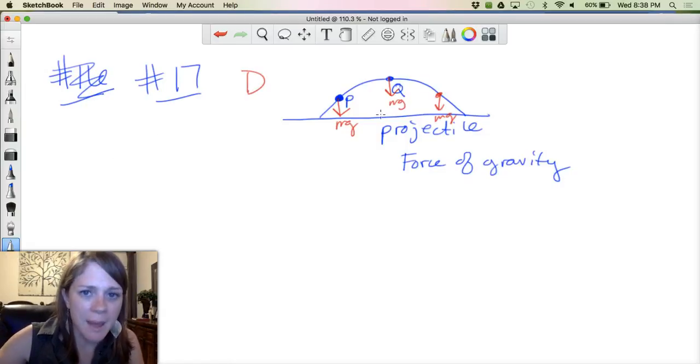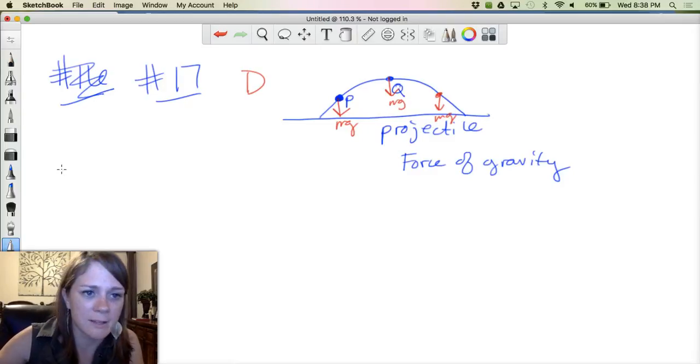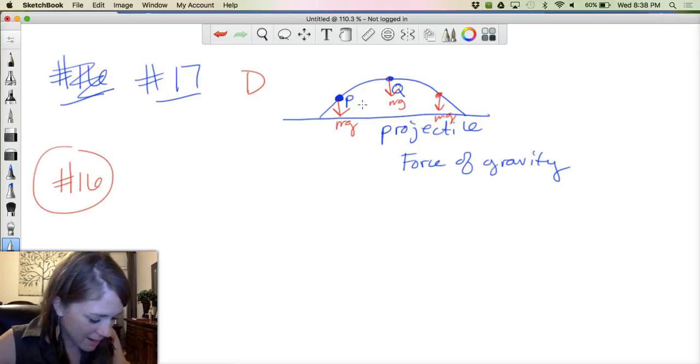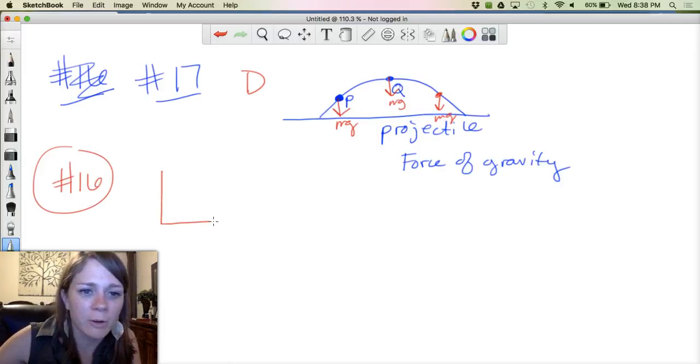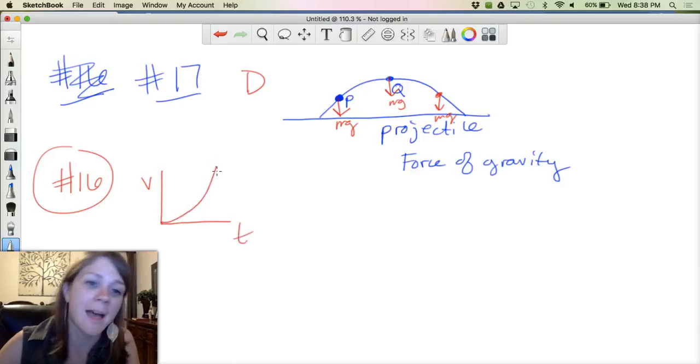All right, so that being said, that picture goes with number 17. What about number 16? This is why I put it in the wrong spot by accident, because it said the parabola above. Well, the parabola above should have been a velocity time graph that looked like this, that parabola.